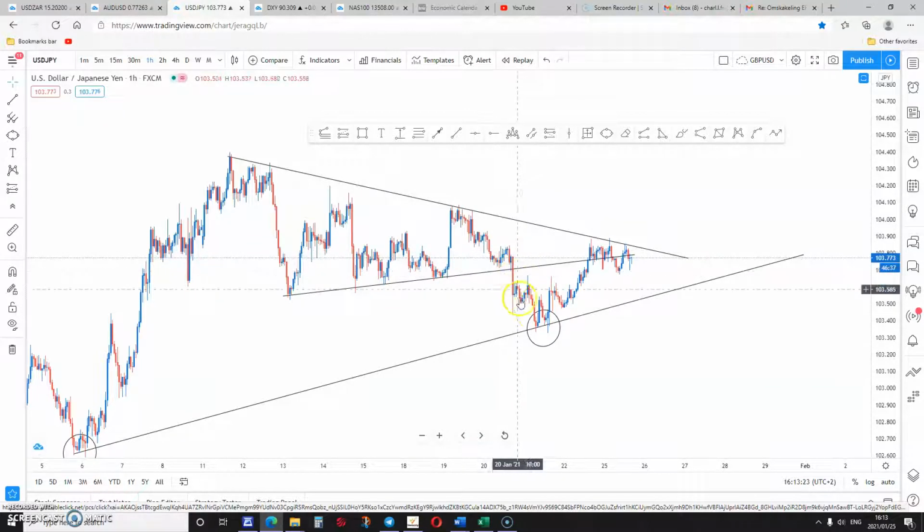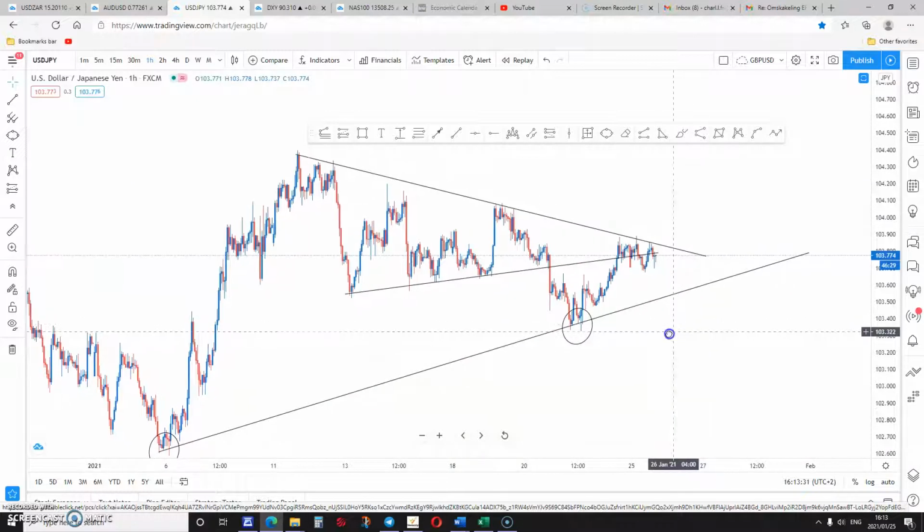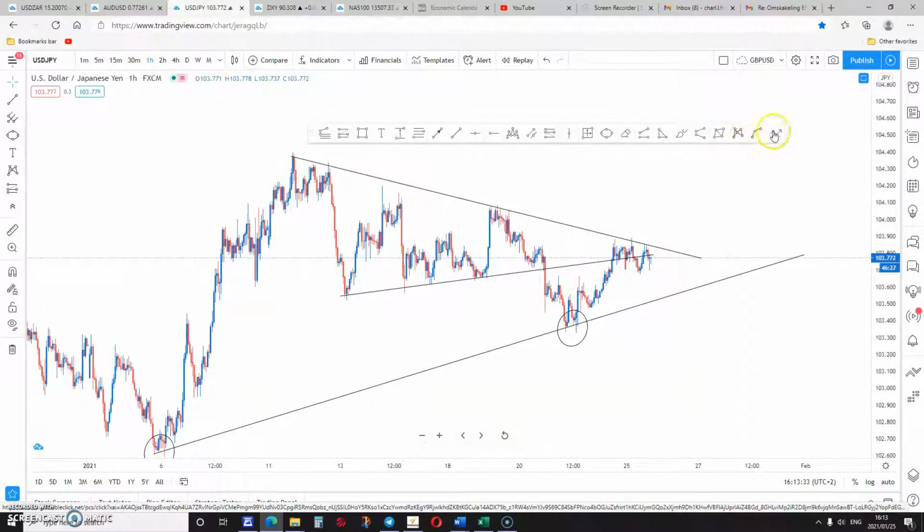Got a break. Basically came back here to retest. We should see something like this happening. Coming down here. Potentially coming back up, or breaking through to the bottom.